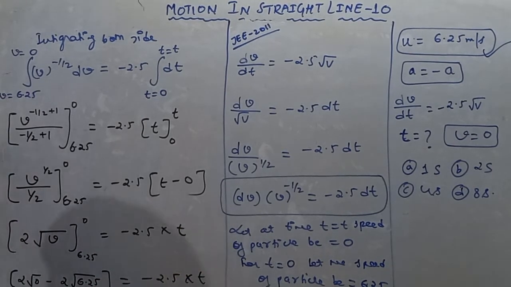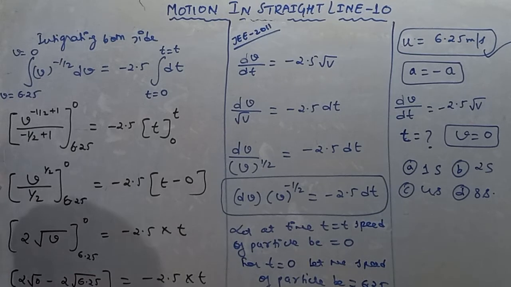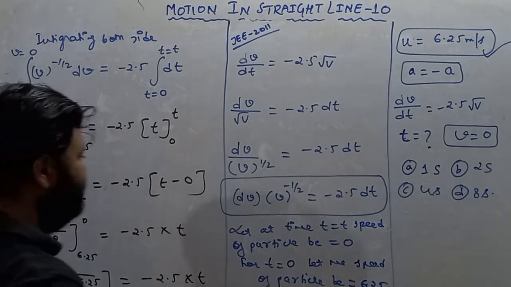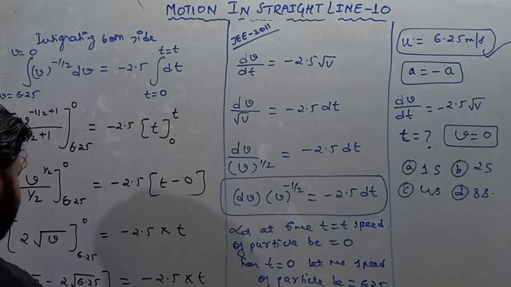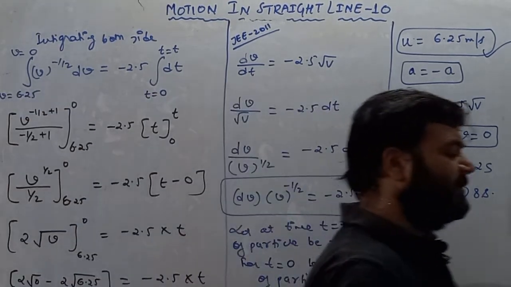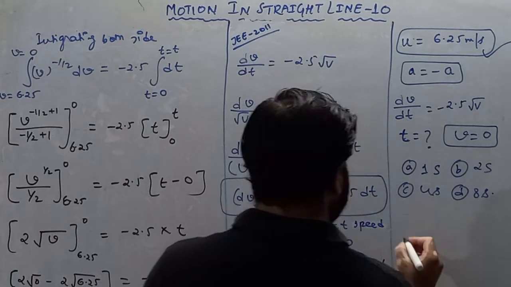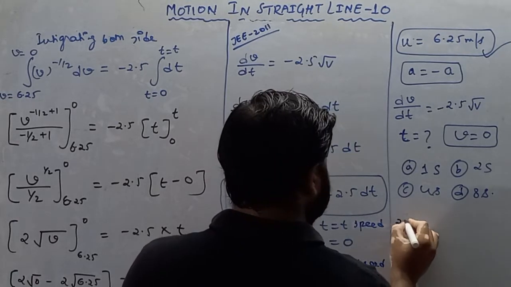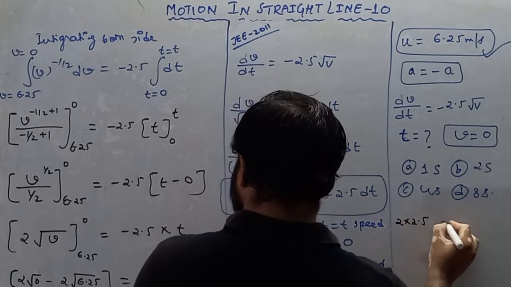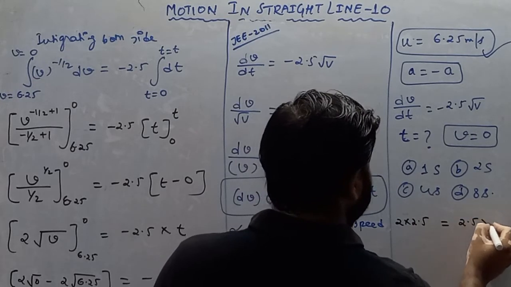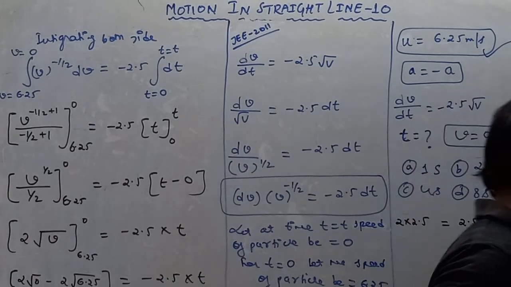So 0 minus 2 into under root 6.25 is equal to minus 2.5 into t. Now see, minus minus gets cancelled, and you must know the value of root 6.25. It is 2.5. So 2 into 2.5 is equal to 2.5 into t.